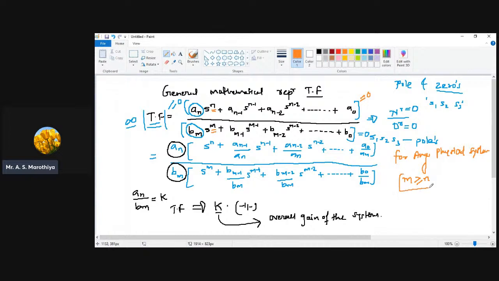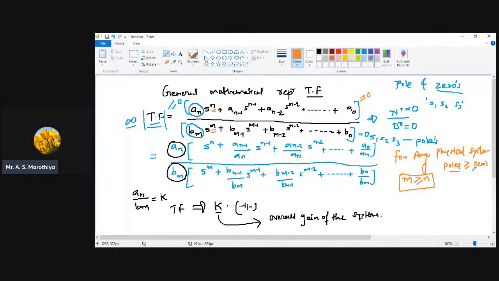This is very important. For any physical system, the value of m is always more than or at least equal to n. That means m indicates how many poles are there, n indicates how many zeros are there. For any physical system, the number of poles is always going to be more than or at the max equal to the number of zeros.